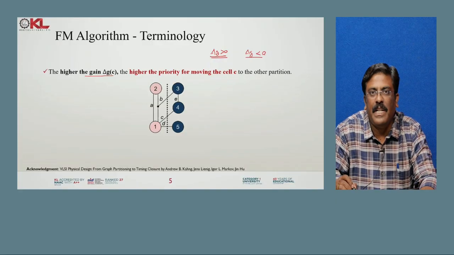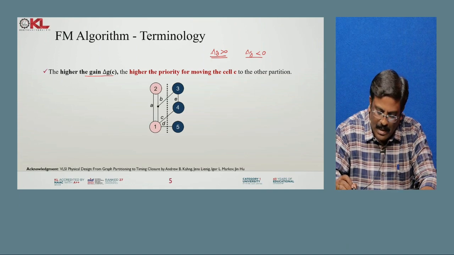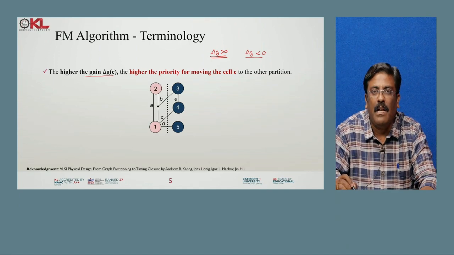That is the significant indication we can gather from the estimation of the gain of every cell of a graph.